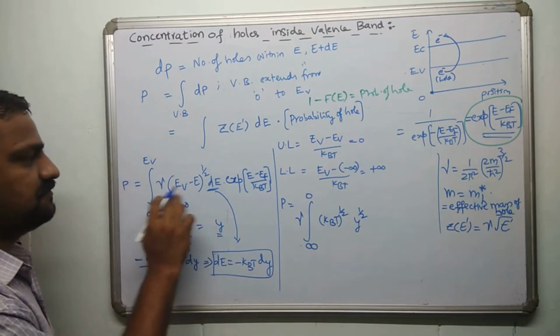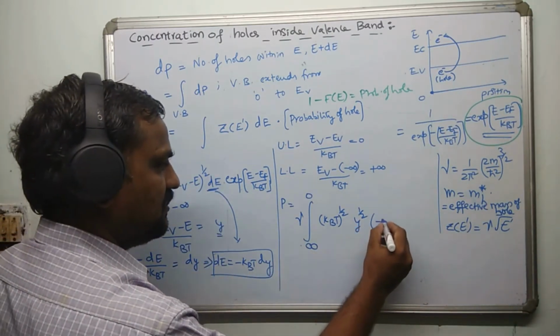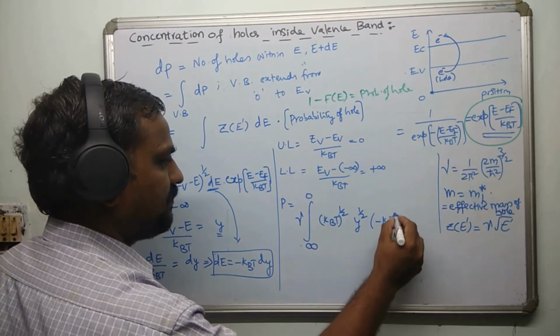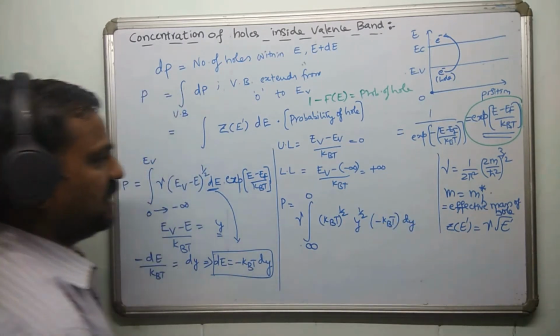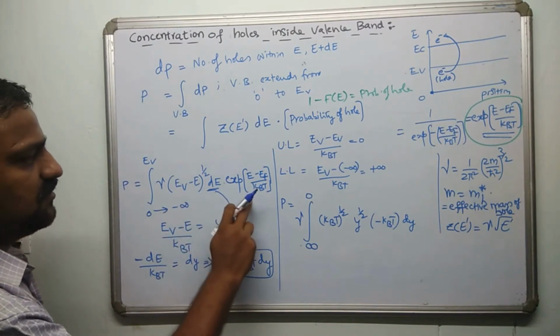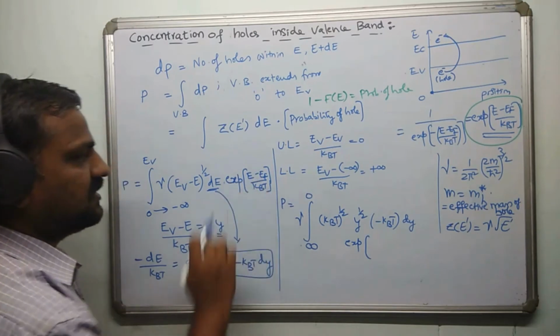So this term is gone. In place of dE, I can write minus kBT into dy. After this, we have only one term left over, which is exponential of E minus EF by kBT.